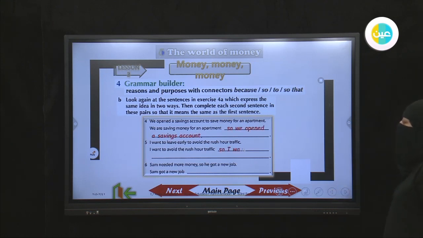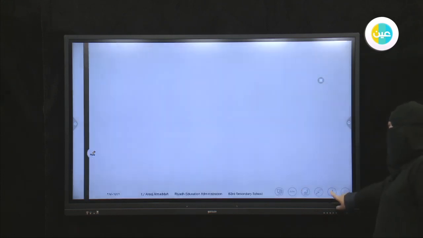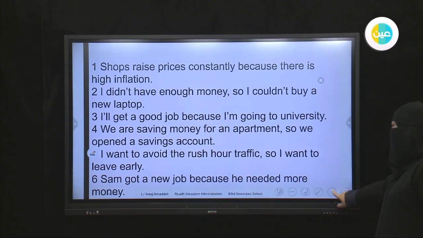Then, I want to leave early to avoid the rush hour traffic. So I want to leave early. The final one: Sam got a new job because he needed more money. And these are the answers from 1 to 6.